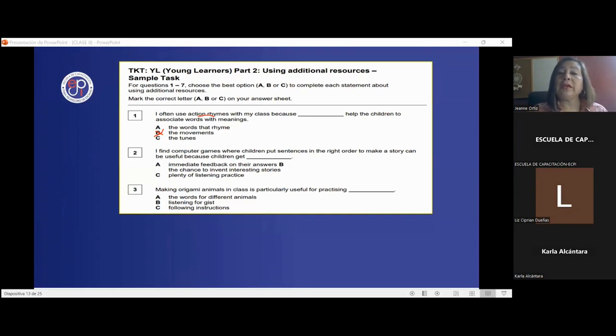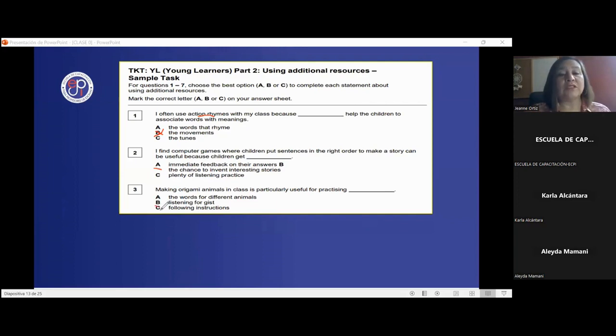I find computer games. As soon as your students finish computer games, what happens? Letter A, immediate feedback. Right. They have immediate feedback because the games give them the correct answers. Very good. Making origami animals in class is particularly useful for practicing following instructions.